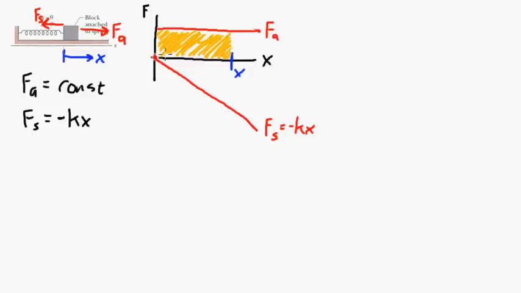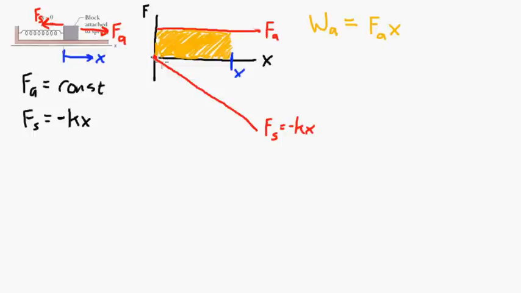All this area under the applied force is the work done by the applied force. And this is just a rectangle, so it's going to be F sub A, the magnitude of the applied force, times x, the distance over which this applied force acts. It's constant. Easy.